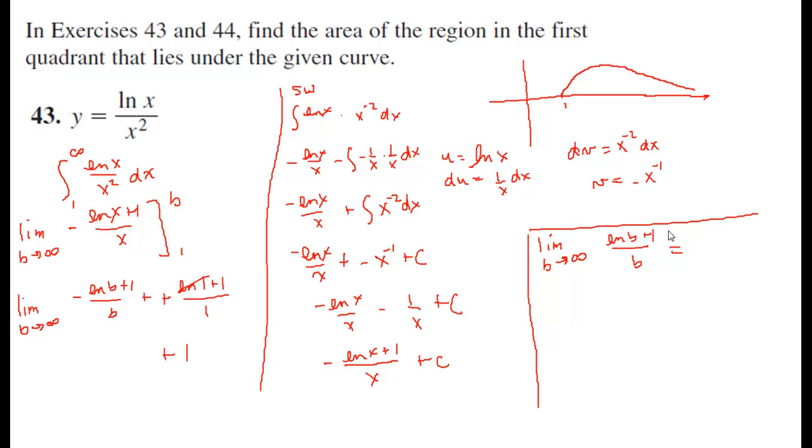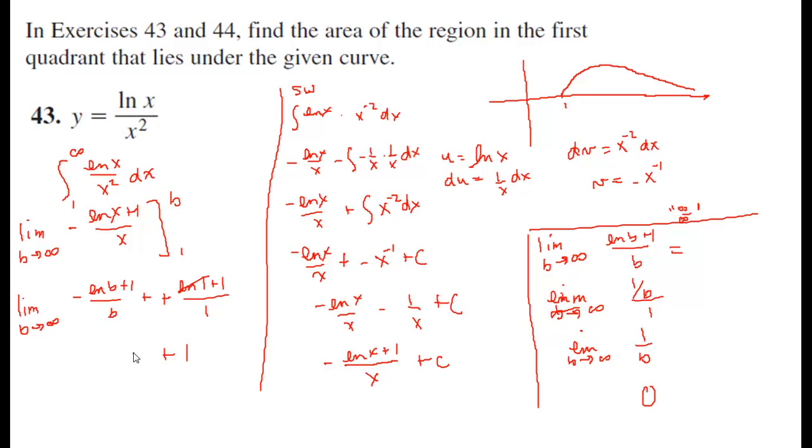I recognize that this is indeterminate in the form of infinity over infinity, and therefore I can apply L'Hopital's rule: the limit as b approaches infinity of 1 over b over 1, which is the limit as b approaches infinity of 1 over b, which is equal to 0.